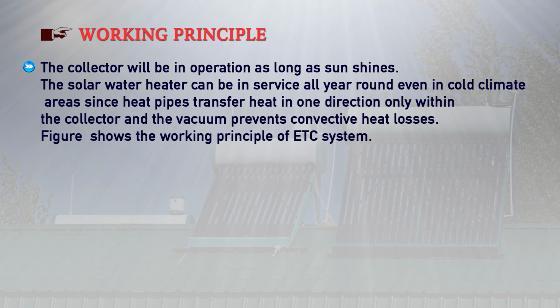The solar water heater can be used all year round, even in cold climate areas, since heat pipes transfer heat in one direction only within the collector and the vacuum prevents convective heat losses. The figure shows the working principle of the evacuated tube collector system.